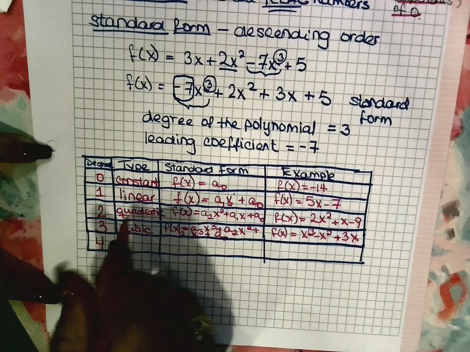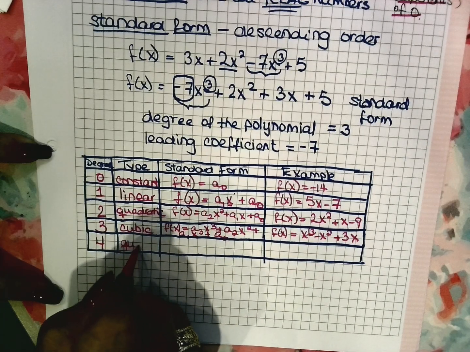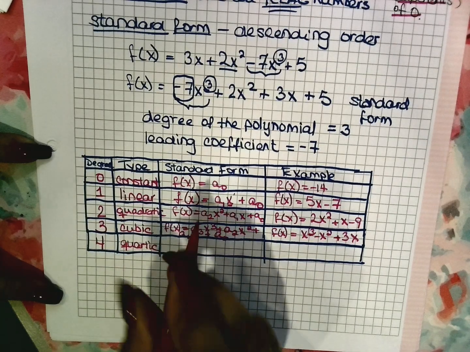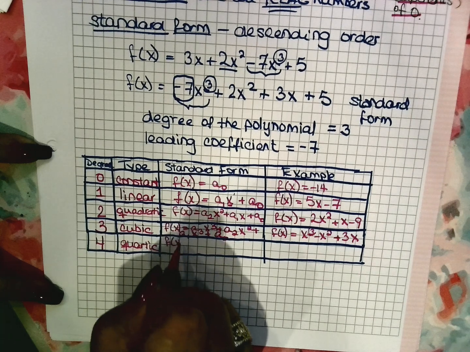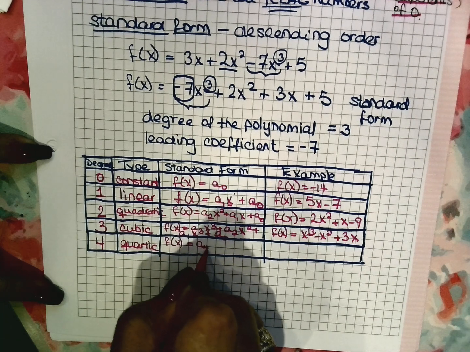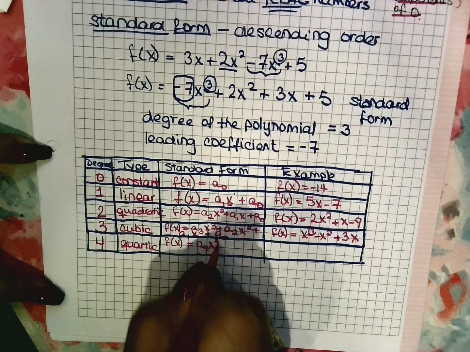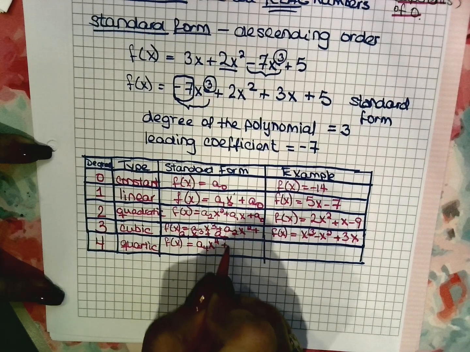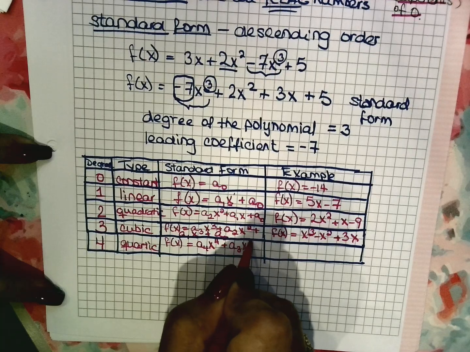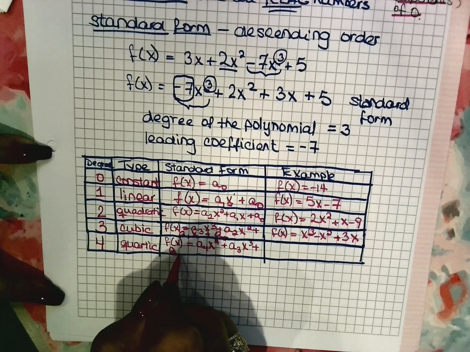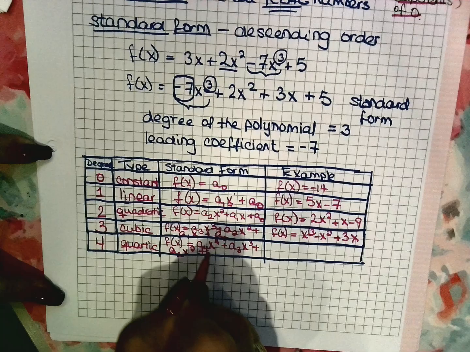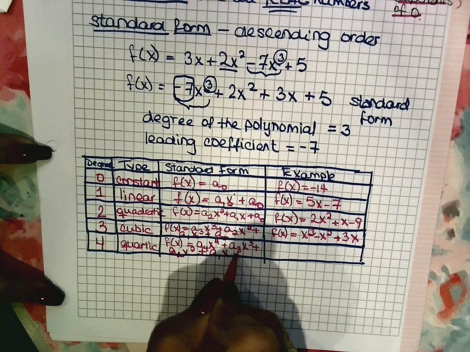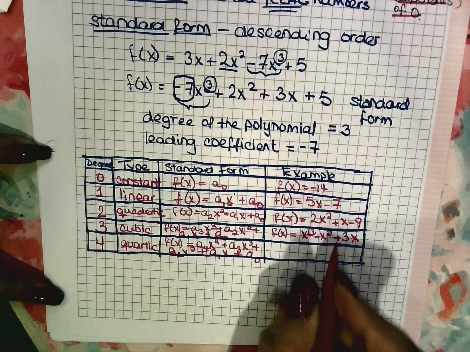Fourth degree is going to be called a quartic. So we just add a term to the front that has an x to the fourth. And we could have x to the thirds, x squareds, x's, and constants.